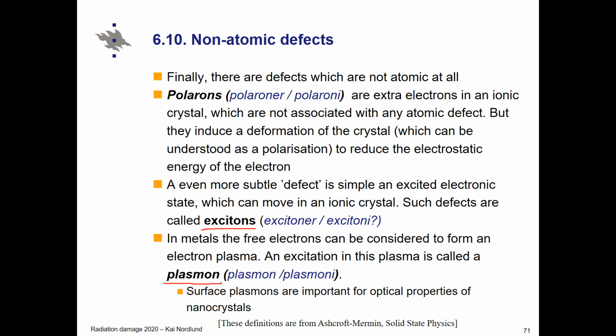These are very important for optical properties of nanocrystals, and something known as the surface plasmon resonance is also used nowadays, for instance, in the pharmaceutical field as a means to measure properties of organic or biological molecules when they are attached to a nanoparticle.